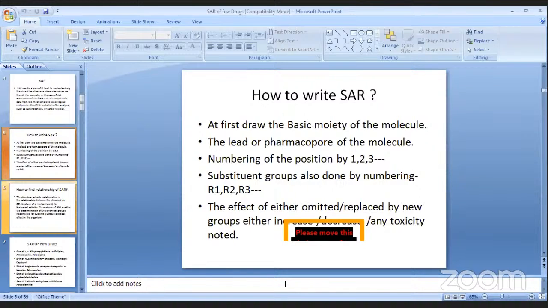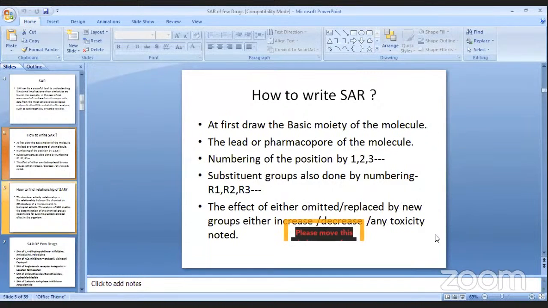So what is lead compound? I am telling you that is the basic moiety which is needed for the development of the new compound. Second, you have to see the position, the numbering of the position.